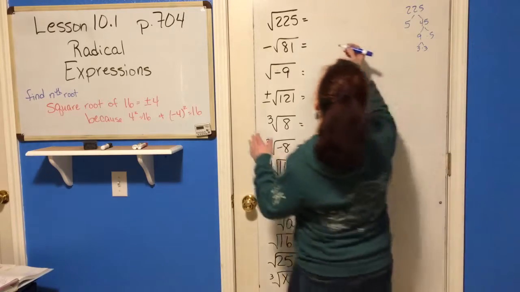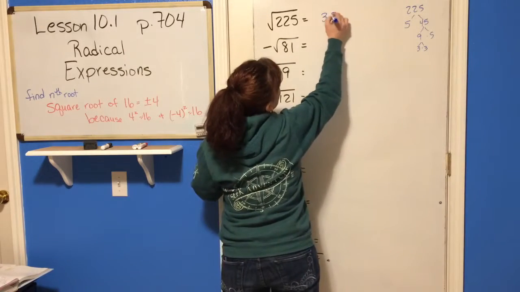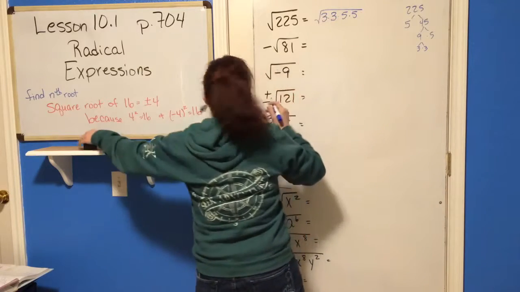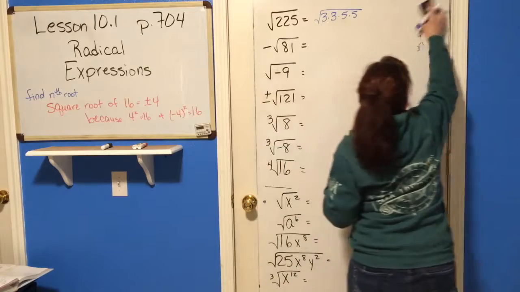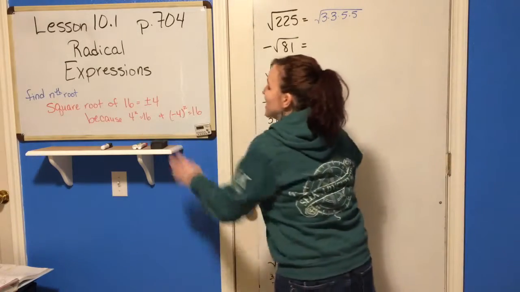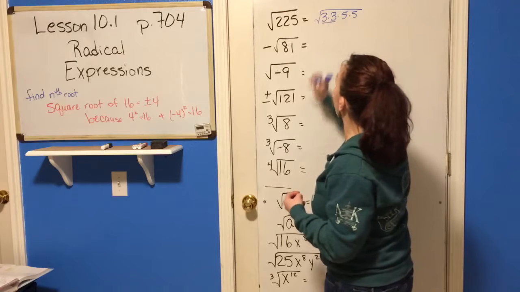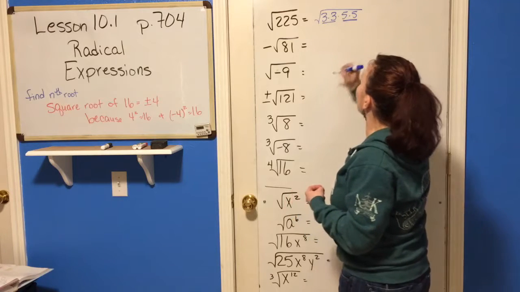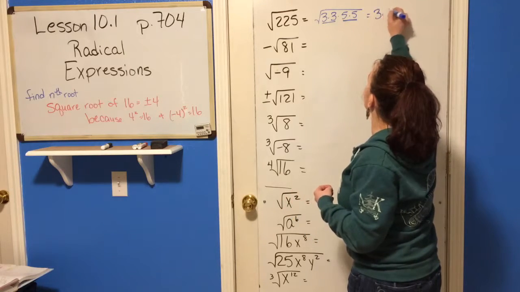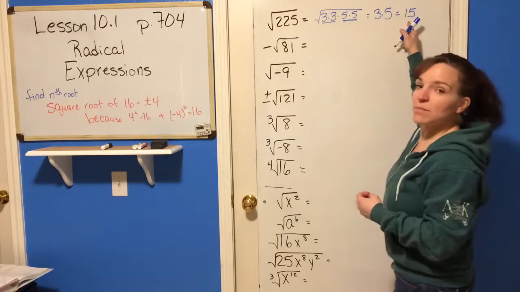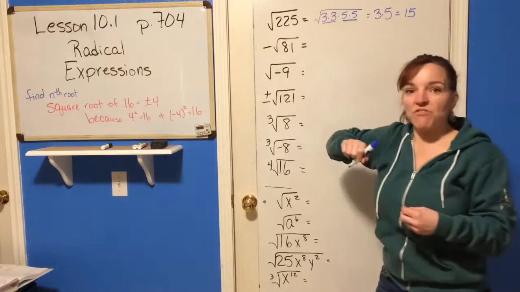So we've got 3 times 3 and 5 times 5. And then the square root takes things out in pairs. So it's going to take a 3 out, and it's going to take a 5 out. So it's going to be 3 times 5, or 15. So 15 times 15 is 225.